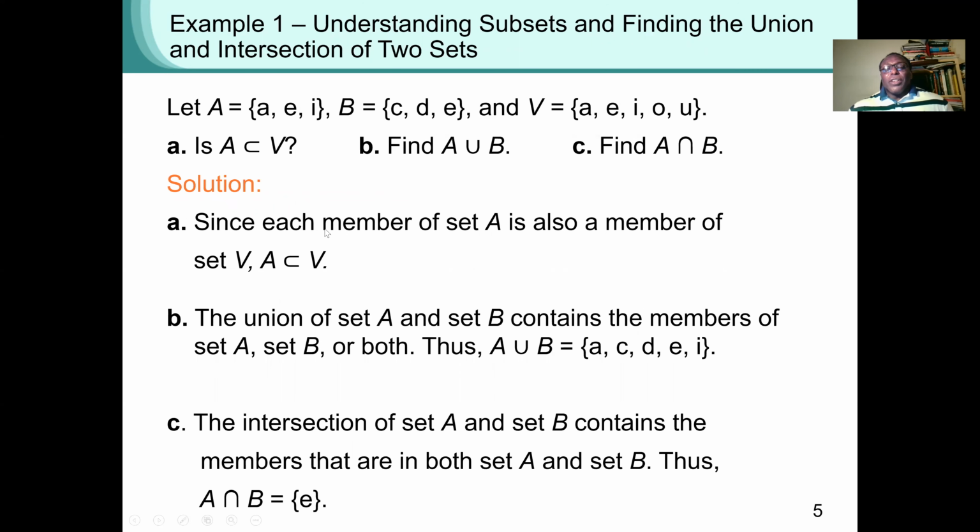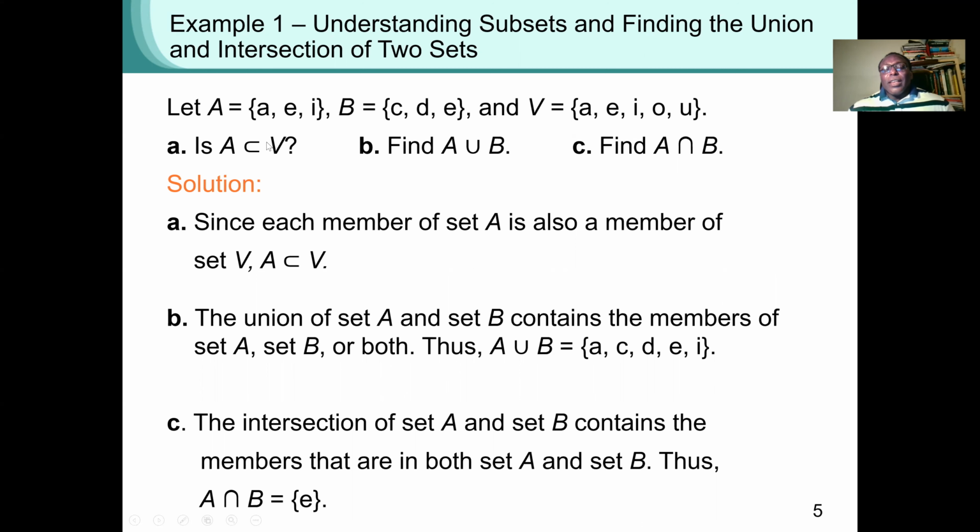So these are some examples. We have a set A, which has lowercase a, e, and i. We also have set B, which has c, d, and e. We also have set V, which has the lowercase a, e, i, o, u. Now, there's a question here: is A a subset of V?